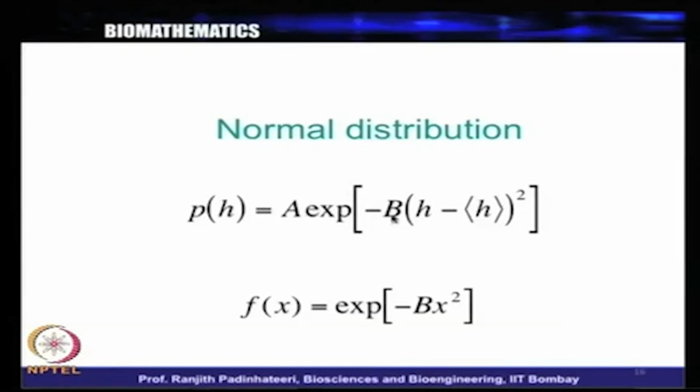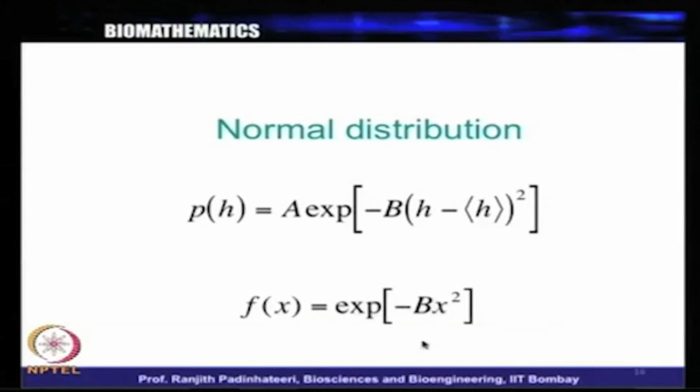We will clearly understand in the coming classes what a and b stand for. If you wish, in a simpler form, we can write it as e power minus b x square, in a much simpler manner.